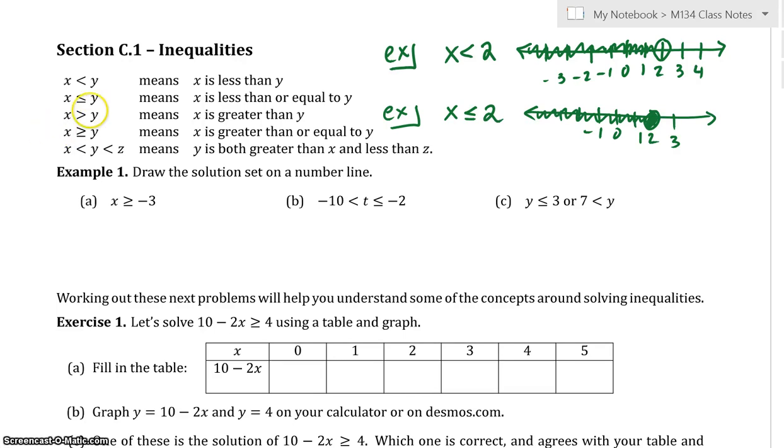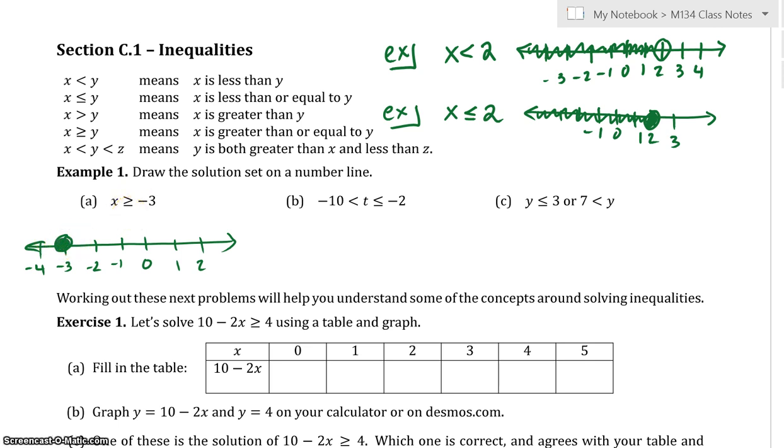The next one is a greater than sign. This means x is greater than y. And then we also have the greater than or equal to. So let's look at example 1 for that one. And notice the directions say to draw the solution set on a number line. So again, I'm going to draw my number line. There's my -3. It's all the things that are, well, first, equal to -3, so I'll make it solid.